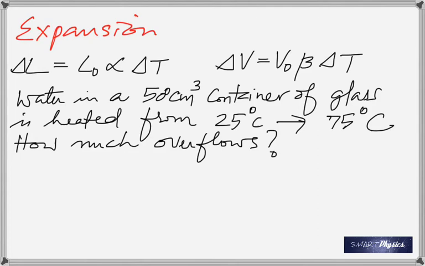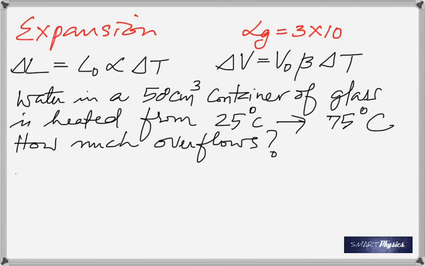What's the formula? Oh, you need the beta of water, right? Okay, alpha of glass. Wait, why should I even give you the alpha of glass? Remember on the final exam, all the constants will be on the front page. Because if I give you the alpha of glass right there next to the problem, you are getting a clue.